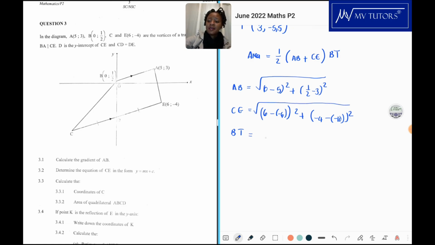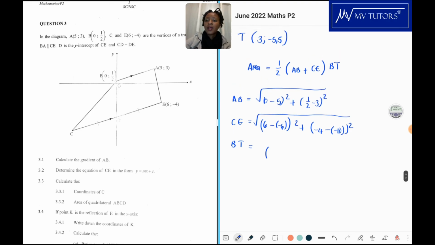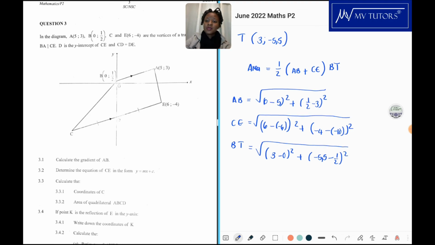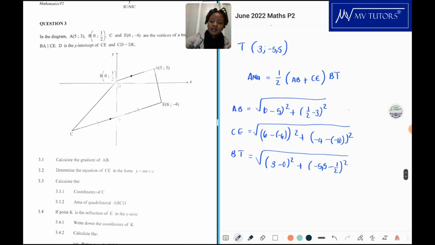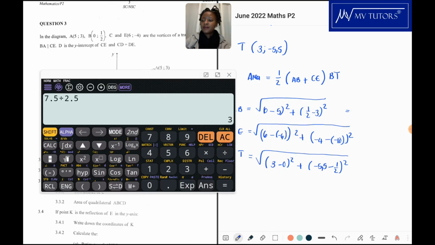And then BT, let's just start with x. 3 minus 0 squared plus minus 5, 5 minus a half, and we're squaring that. And guys, I'm just going to plug that in the calculator as it is, so that I can get an answer. Actually, let me do it like this, we have 5 squared, right?